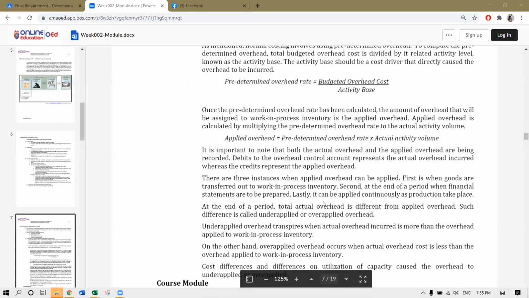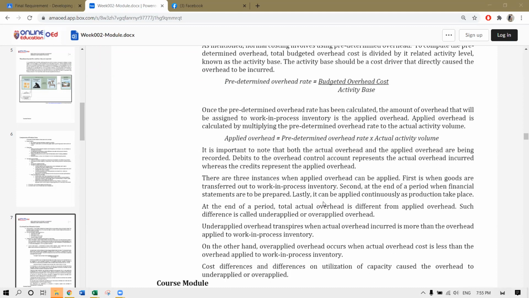There are three instances when applied overhead can be applied. First is when goods are transferred out to work in process inventory. Second, at the end of a period when financial statements are to be prepared. Lastly, it can be applied continuously as production take place. At the end of a period, total actual overhead is different from applied overhead.